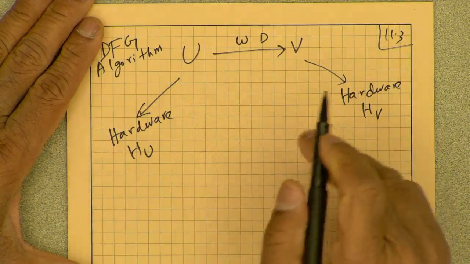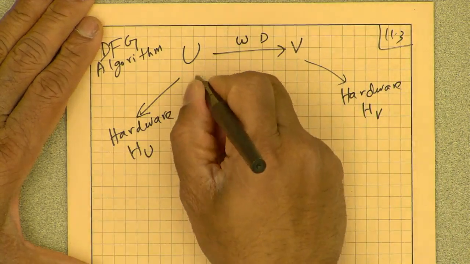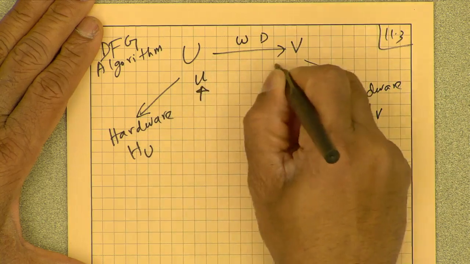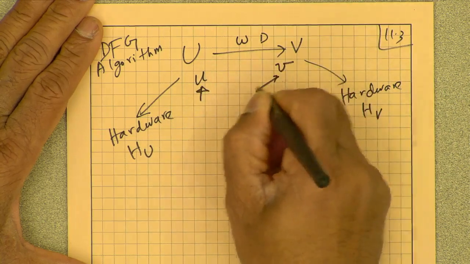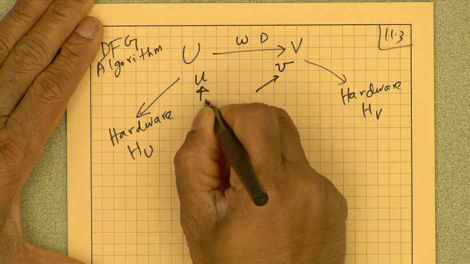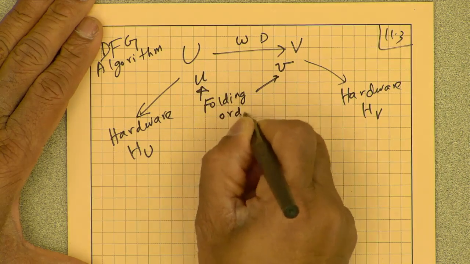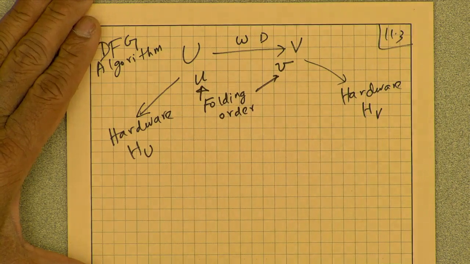I also define these lower case u and v as folding sets, folding order. So what are these notations u and v?